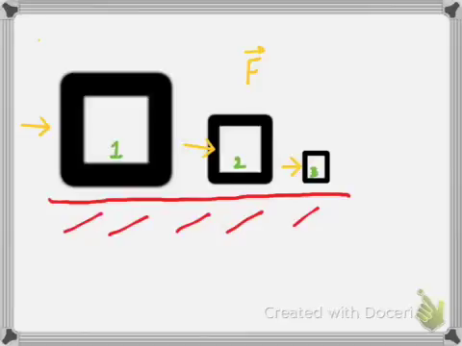Now let's move on to the middle box. When the middle box is pushed like this, it moves a little faster than the first one, or it moves a little more forward than the first one. And if we consider the lightest one, it will easily move without any restriction.